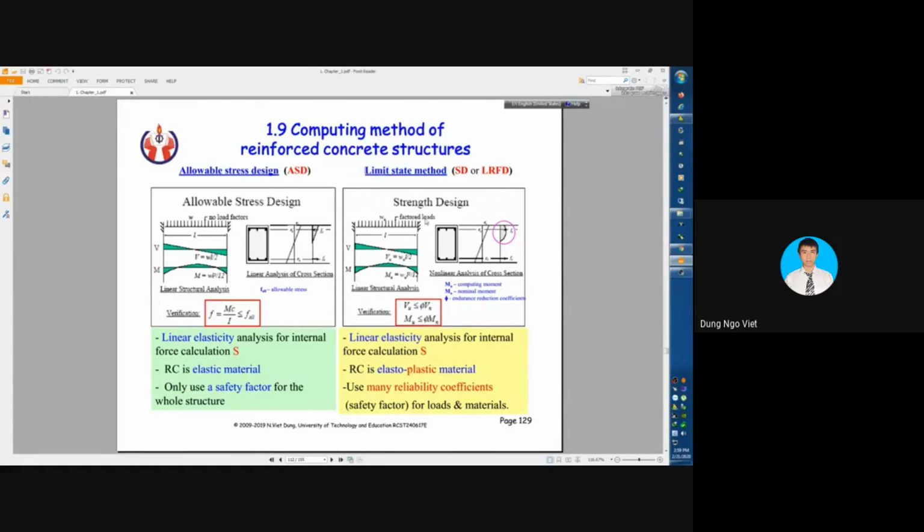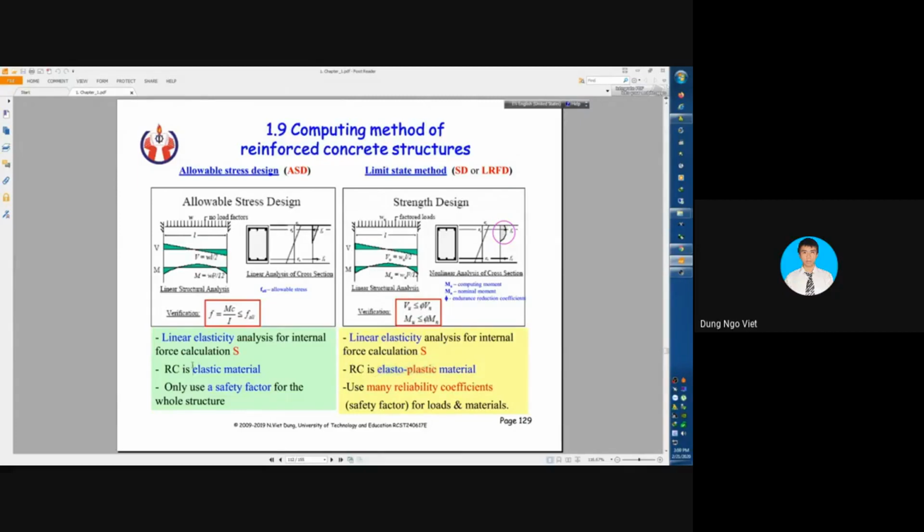Another method is the limit state method. In this method, we have the linear elasticity analysis for internal force calculations, and reinforced concrete is an elastoplastic material.